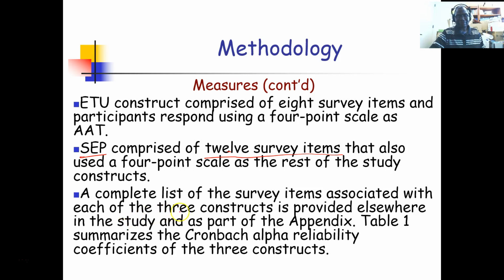A complete list of the survey items associated with each of the 3 constructs is provided elsewhere in the study and as part of the appendix. Table 1 that follows in the next slide will summarize for us the Cronbach reliability coefficients of the 3 constructs of the ETU, SEP, and AAT.